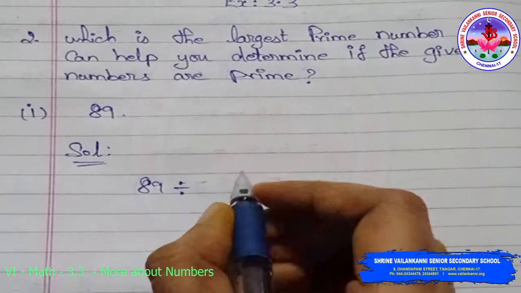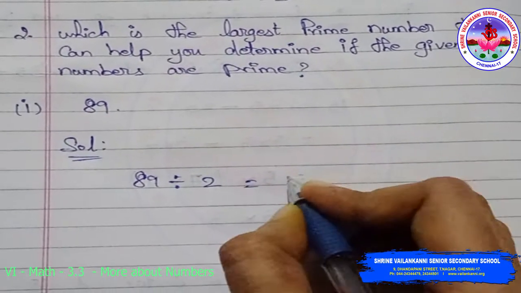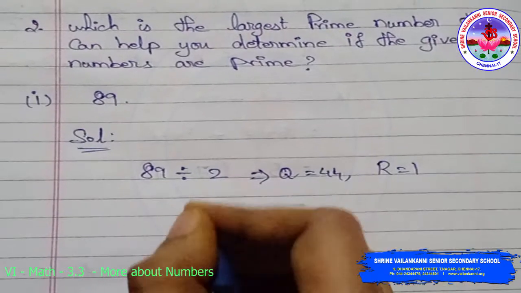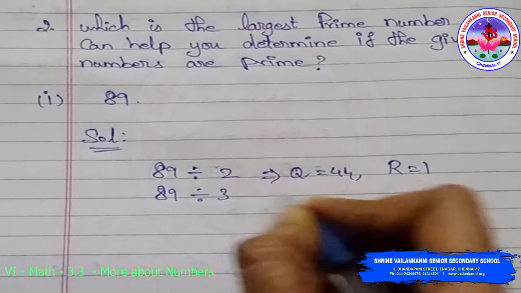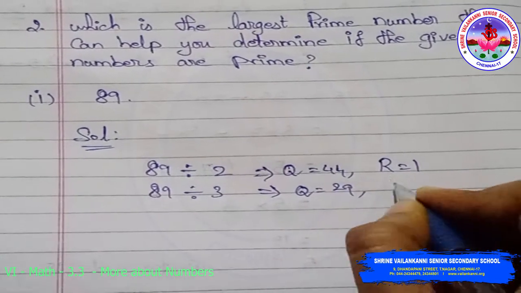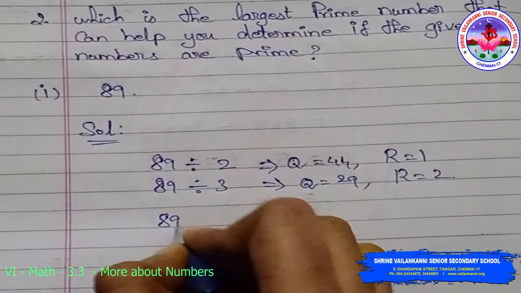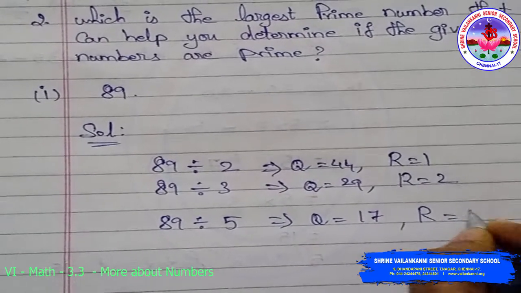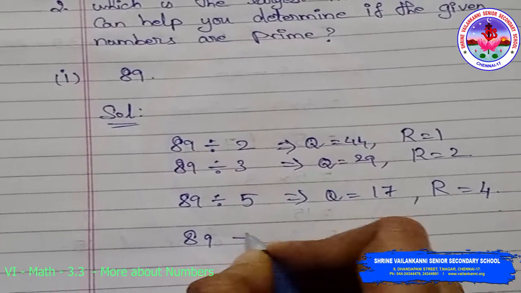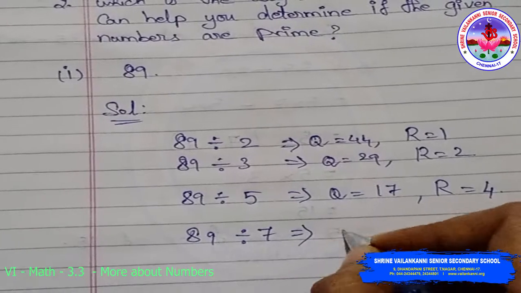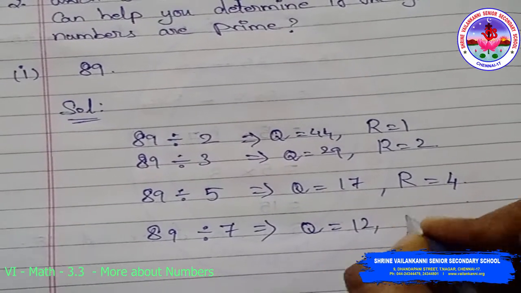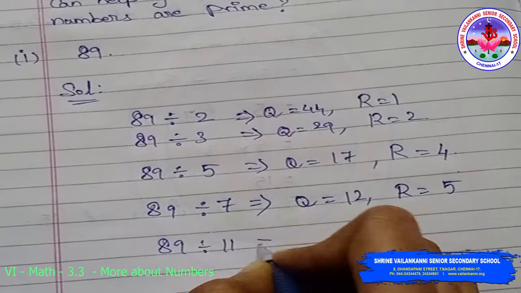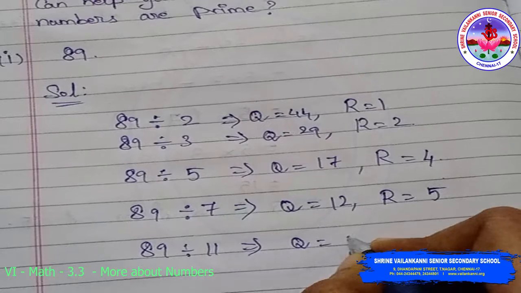The first prime number is 2. 89 divided by 2, the quotient is 44, remainder is 1. 89 divided by 3, the quotient is 29, remainder is 2. 89 divided by 5, quotient is 17, remainder is 4. 89 divided by 7, quotient is 12, remainder is 5. 89 divided by 11, quotient is 8, the remainder is 1.